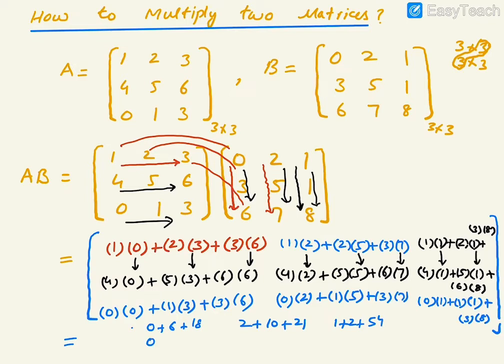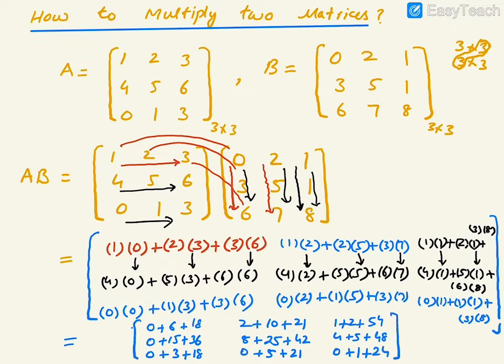Similarly, 4 times 0 is 0, 5 times 3 is 15, 6 times 6 is 36, 4 times 2 is 8 plus 25 plus 42, 4 plus 5 plus 48, 8 times 6 is 48. So 0 plus 3 plus 18, 0 plus 5 plus 21, and 0 plus 1 plus 24.